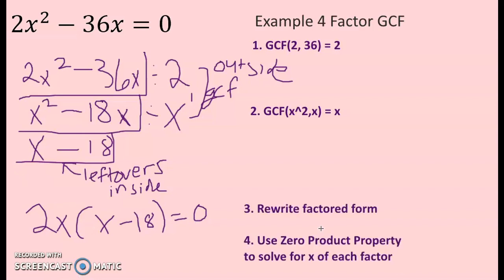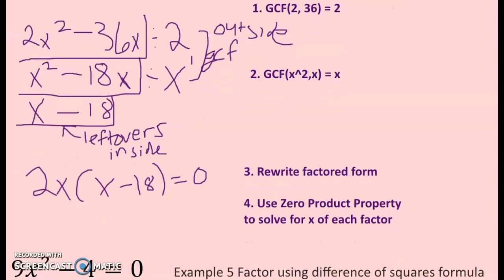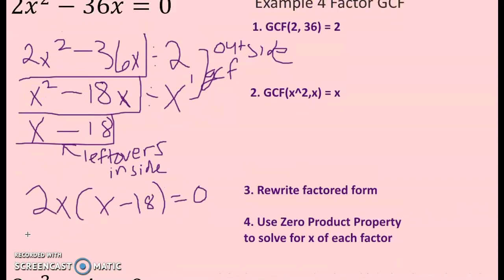So now we're going to use the zero product property to solve for x of each factor. So we have 2x equals 0, or x minus 18 equals 0.